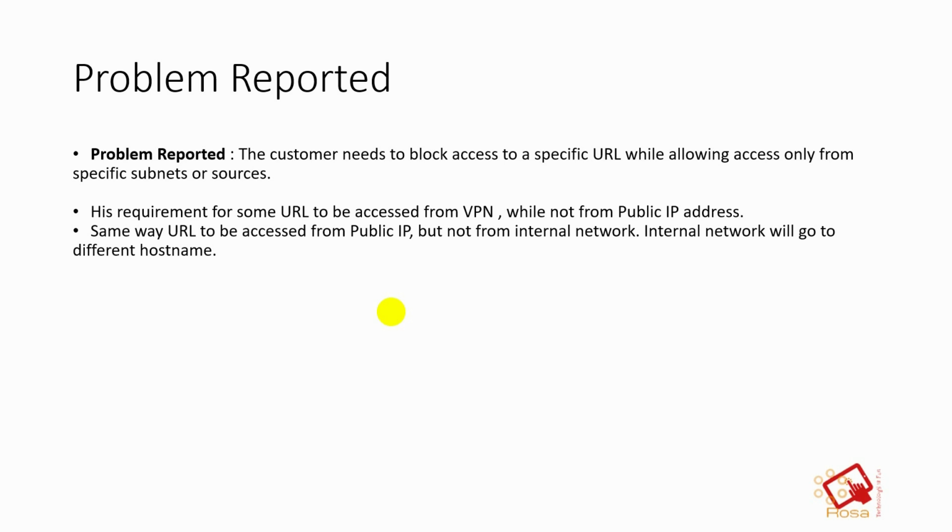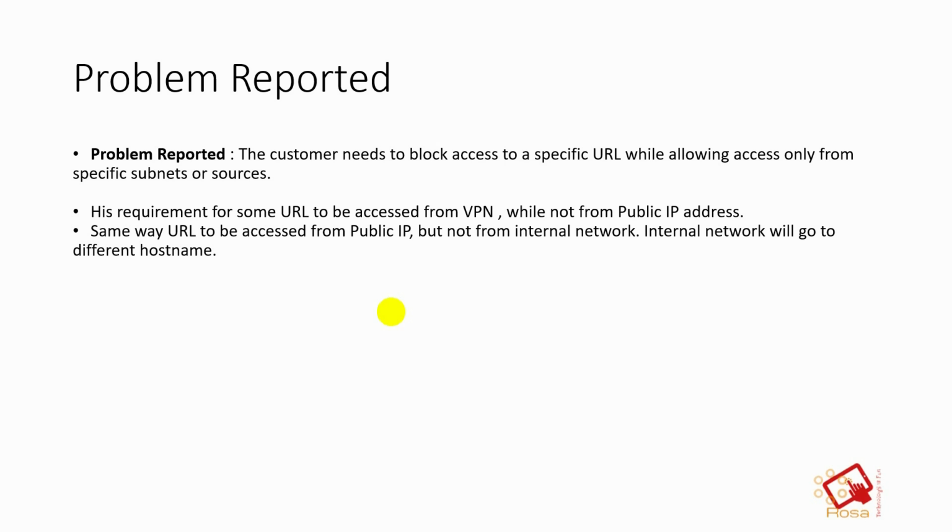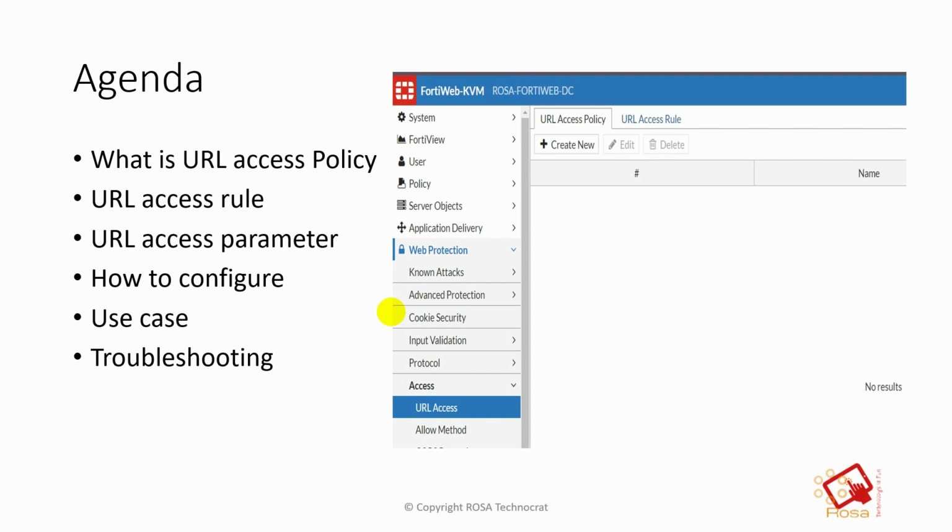We will be discussing what a URL access policy is, how we can configure it, how we can check and troubleshoot it, and I will also demonstrate this by doing a configuration and then verifying how it works. Okay, let's start. Let me quickly take a pen.